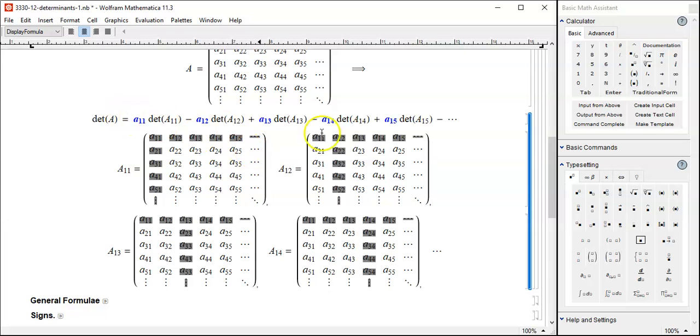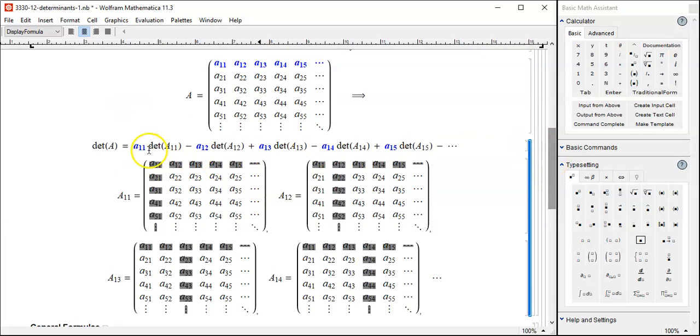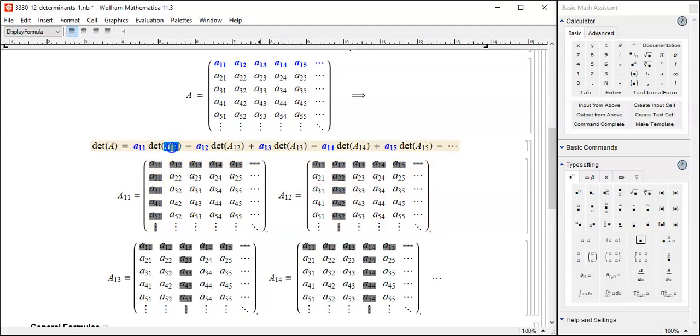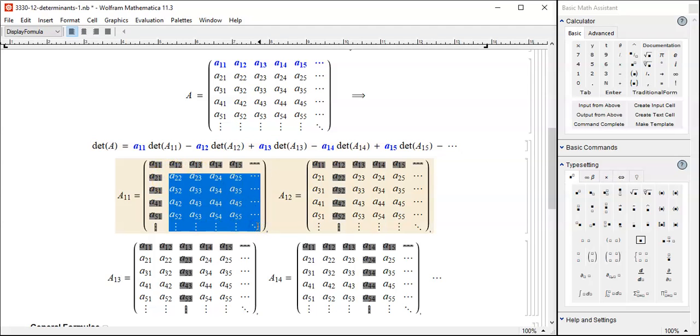Here we go. What do you mean by A11? A11 came from here. It's over here. So remove the row and column where this a11 came from. First row, first column out, and what's left is this deleted matrix and that determinant. So we started with n by n matrix. So deleted matrix is n-1 by n-1.